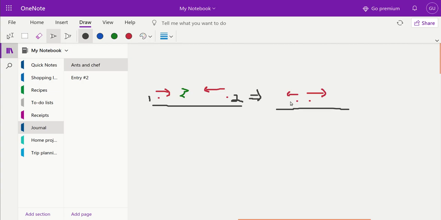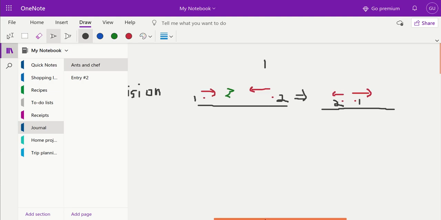This can be ant 2 and this can be ant 1. Which means that I can simply let the ants pass through each other. So this ant passes through ant 1, and there is one collision. Because the ants are identical, it does not matter whether this is ant 1 or ant 2. So yeah, this seems fine.